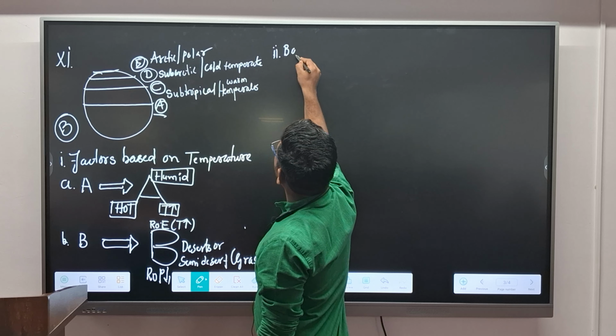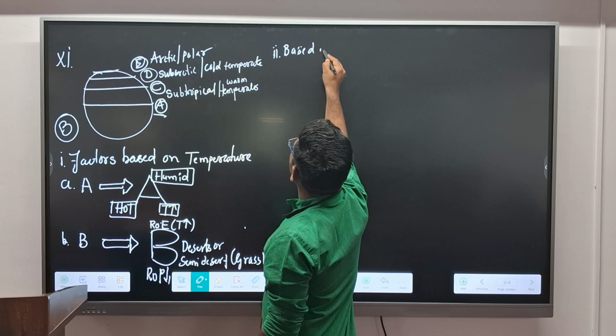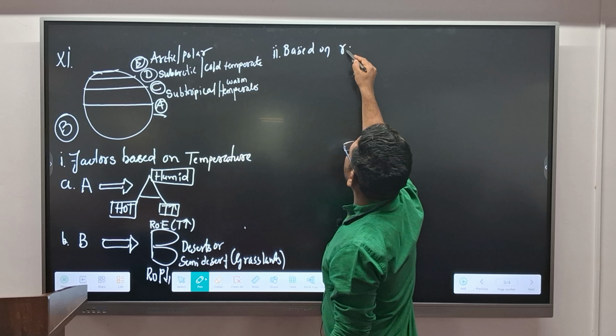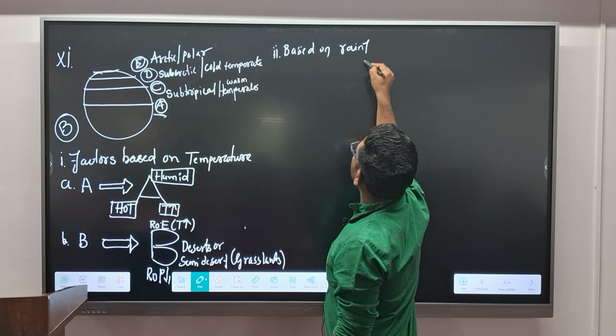rainfall. The factors based on rainfall.